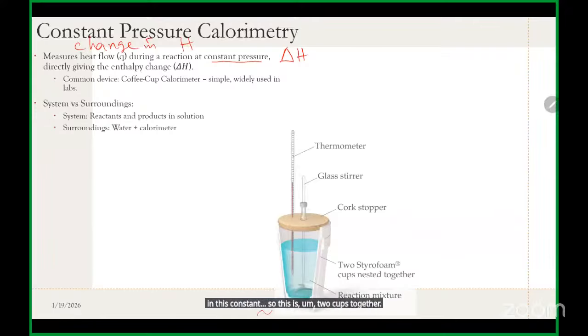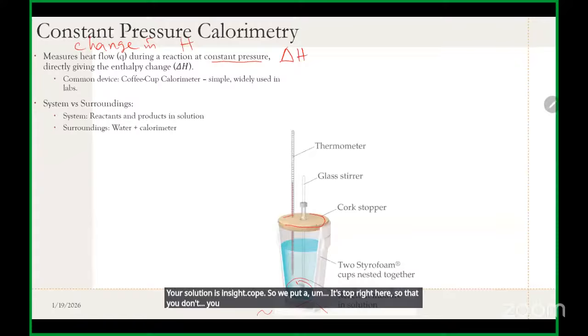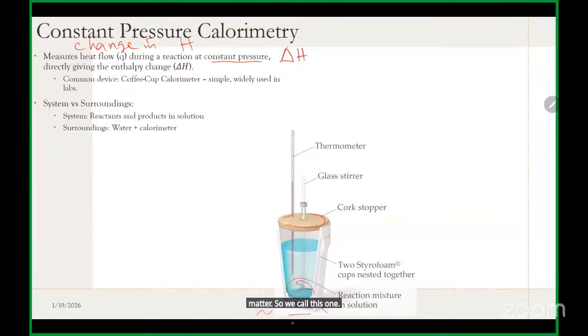This is one cup, that's another cup, and your solution is inside that cup. We put a stopper here so that there is no escape of matter. So we call this one a constant pressure calorimeter.